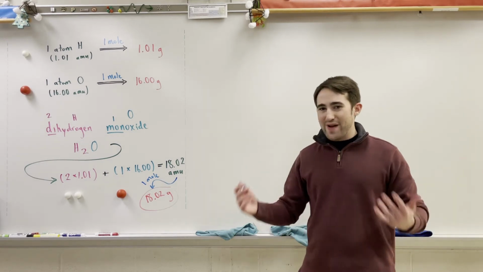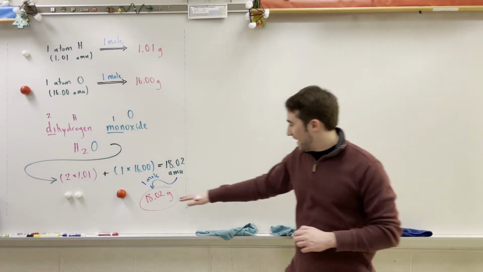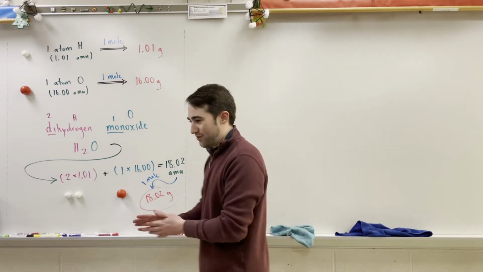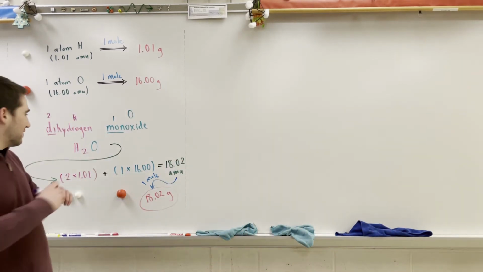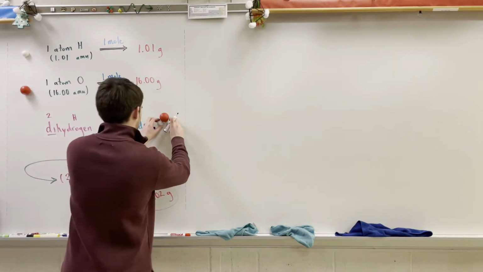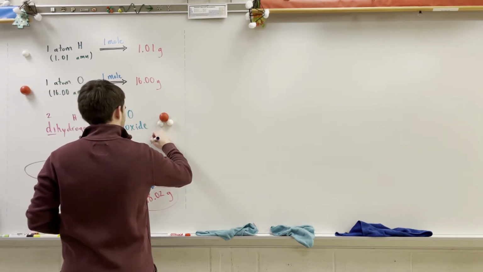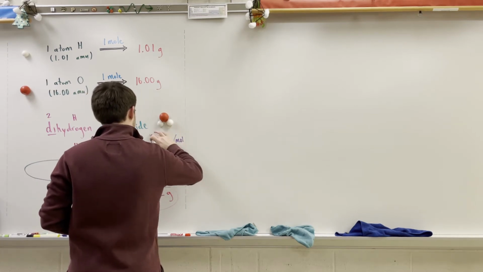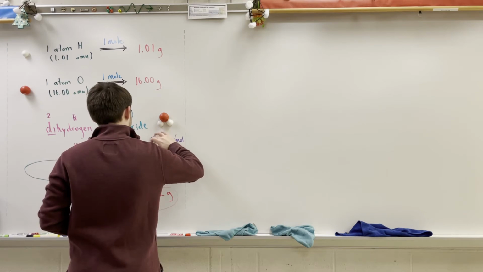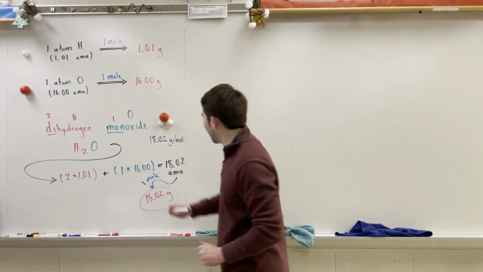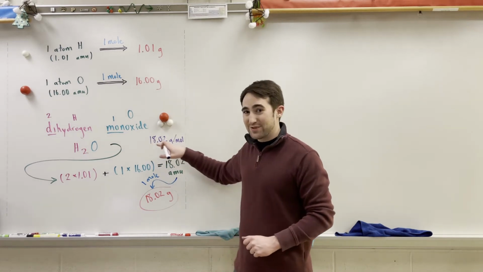So the molar mass of water is 18.02 grams for every mole that you have. So you could write it like, let's put these guys over here. That's 18.02 grams per mole. Water has a molar mass of 18.02 grams per mole.